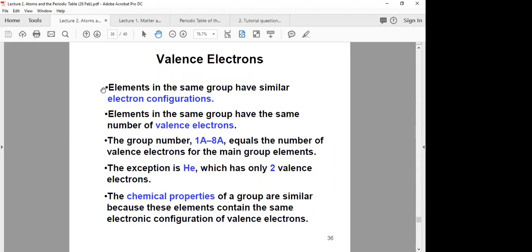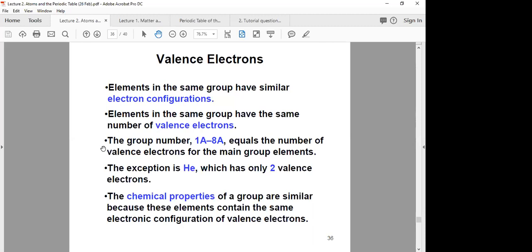All right, elements in the same group number on the periodic table tend to have very similar electron configurations. And as a result, elements in the same group have the same number of valence electrons. So this is where knowing where a particular element is located can tell you even more about its properties.